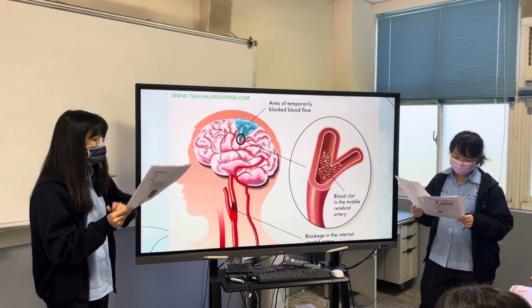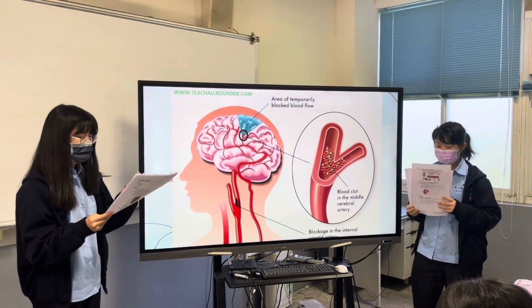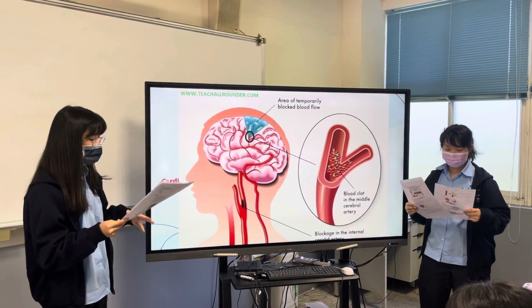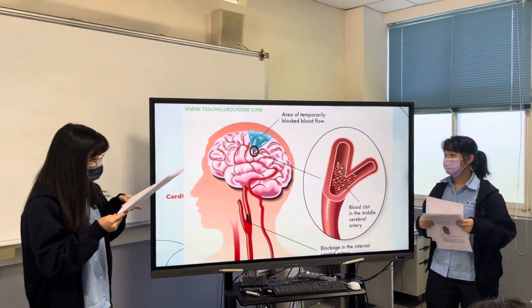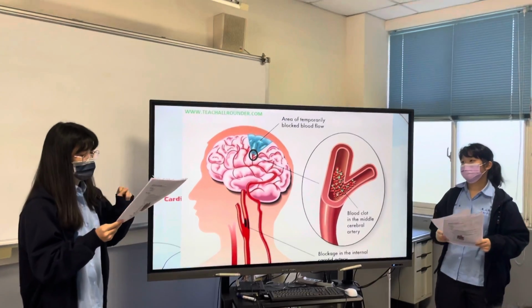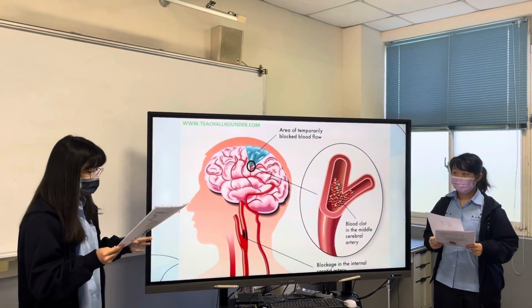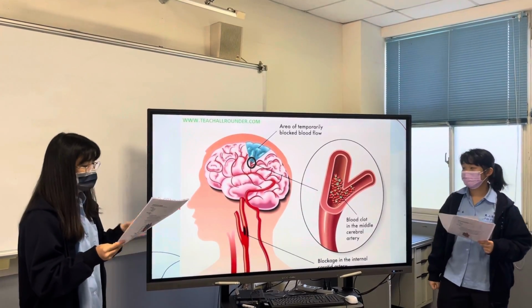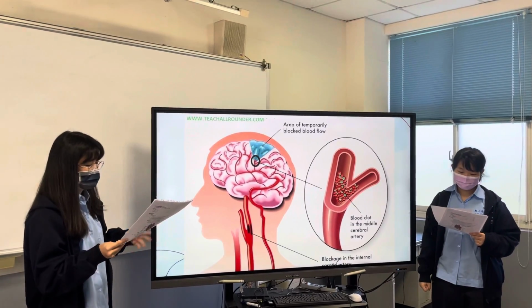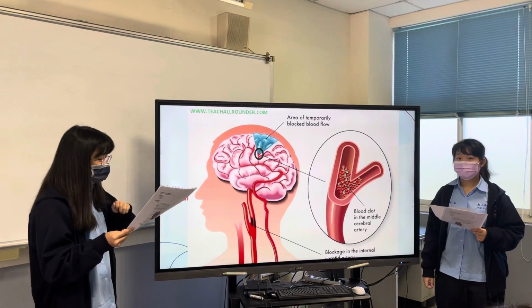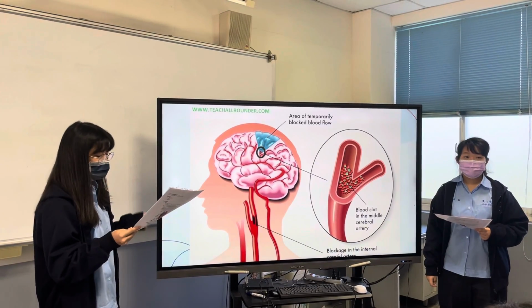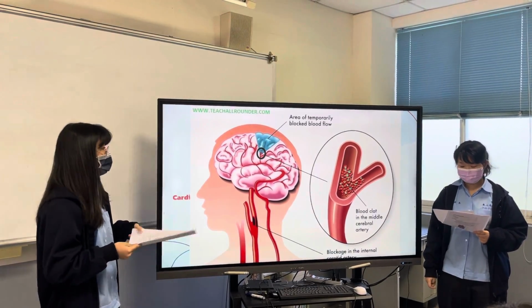And cerebrovascular disease can develop from a variety of causes, including atherosclerosis, in which the arteries become narrow, and thrombosis, which is a blood clot in an artery of the brain, and cerebral venous thrombosis, which is a blood clot in a vein of the brain.